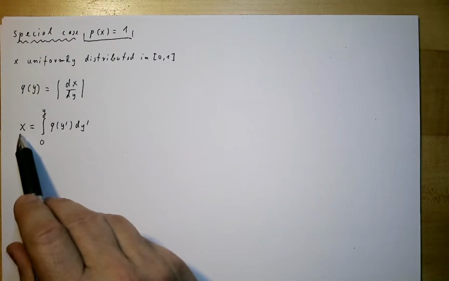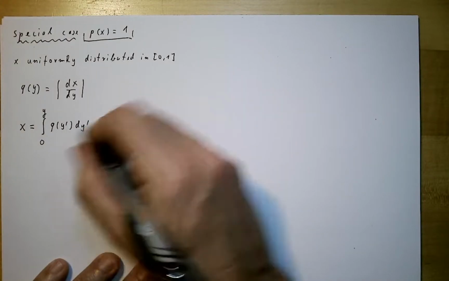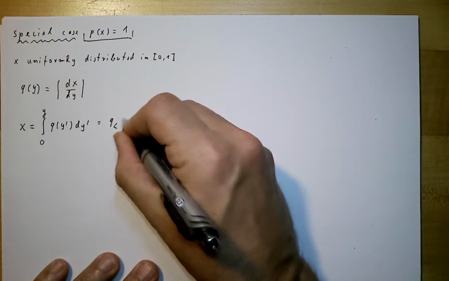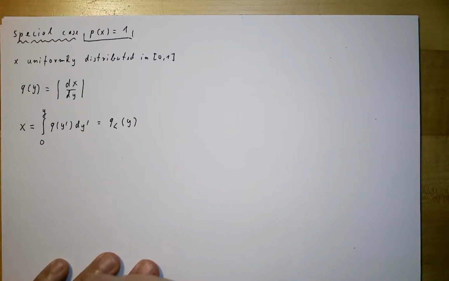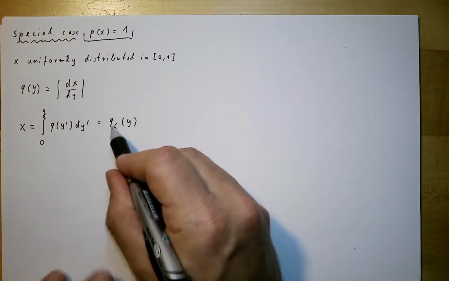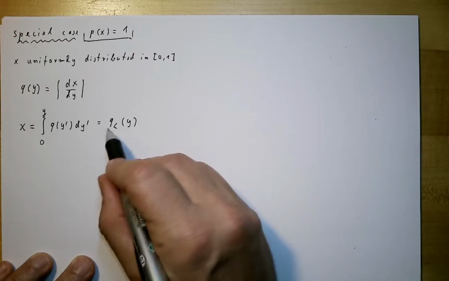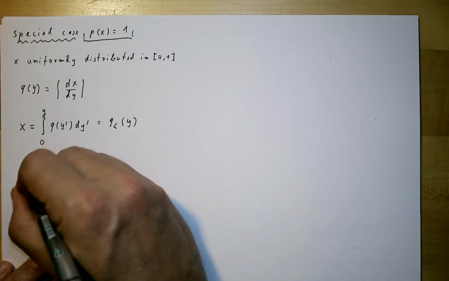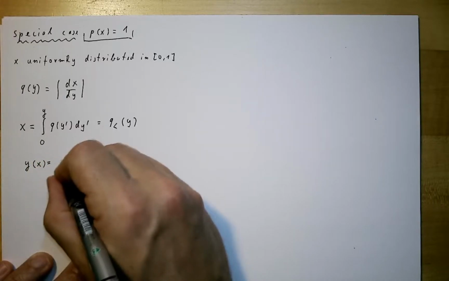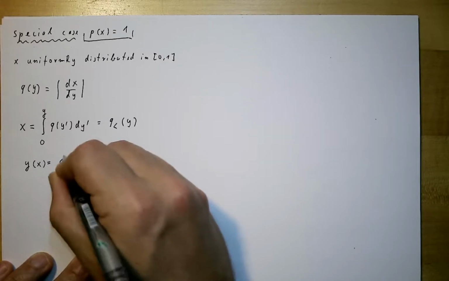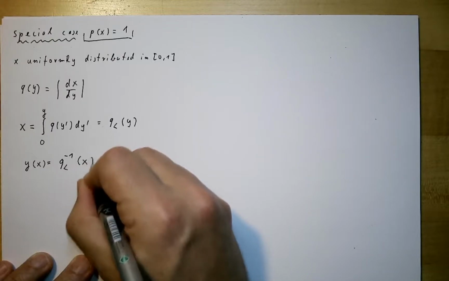But this here is nothing else than the cumulative distribution. This is our capital Q of y. And now the cumulative distribution is a monotonic function which can always be inverted. And so we can invert this, and then we see our y of x. This is the inverse function of the cumulative distribution.